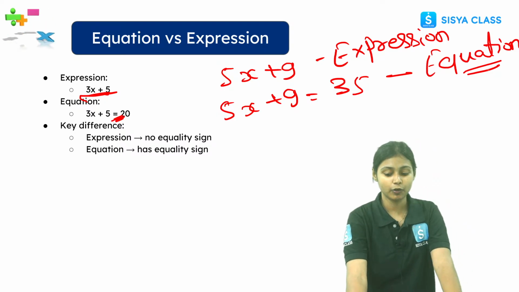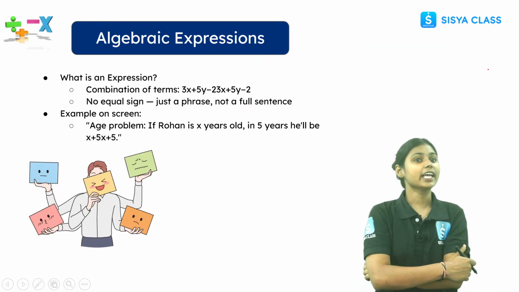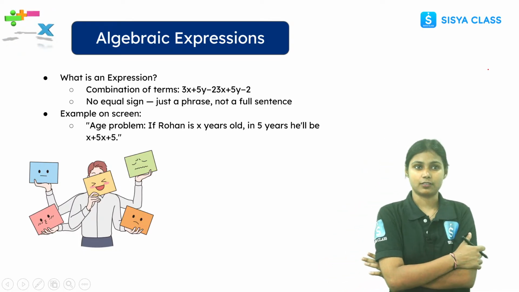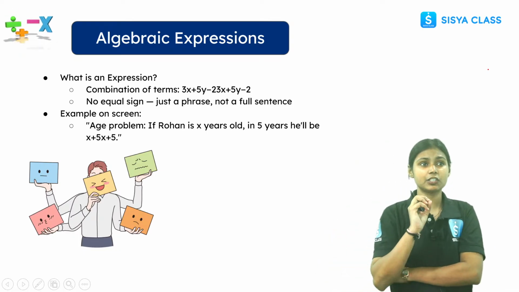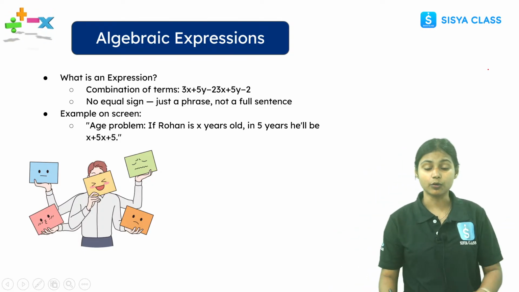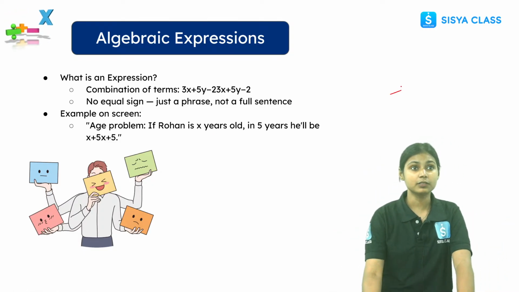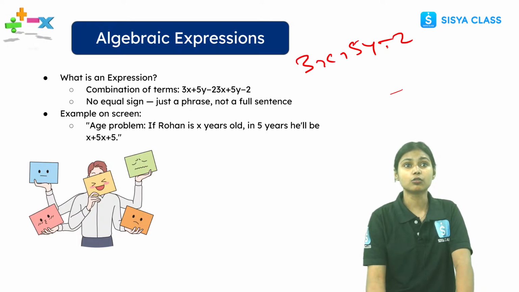Let's move forward. We are going to learn about algebraic expressions. An algebraic expression is basically a combination of terms. As we already know, terms are like 3x, 5y, 2, minus 5.